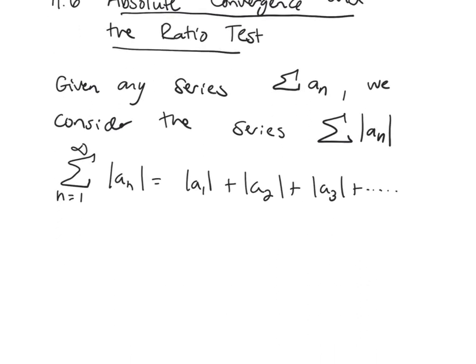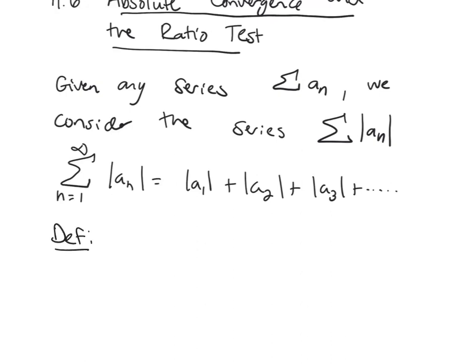So you're taking your original series, a_n, and you're constructing a new series where you take all of the terms that are in your series and you put on an absolute value. So absolute convergence has to do with this new series.